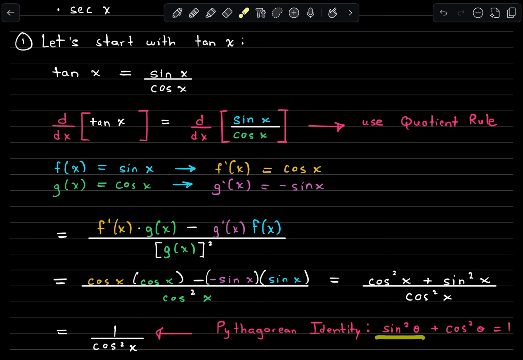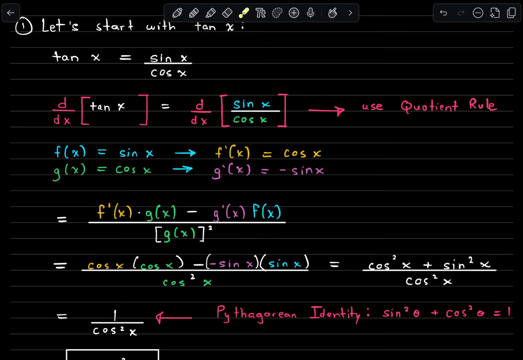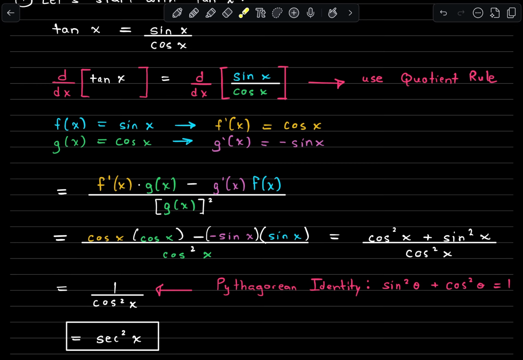In general, sine squared theta plus cosine squared theta is equal to 1. So we can use that to simplify that numerator to just 1. We're going to be left with 1 divided by cosine squared, which is in fact secant squared, because 1 over cosine x is the definition of secant x.